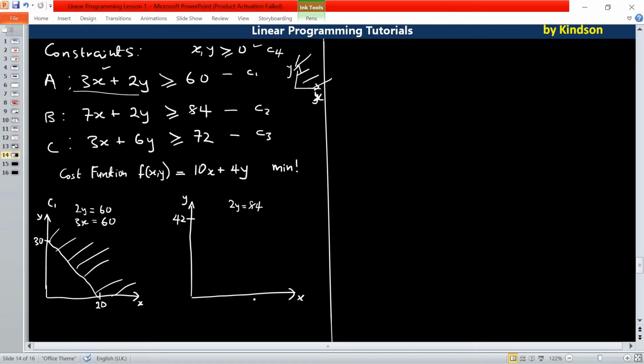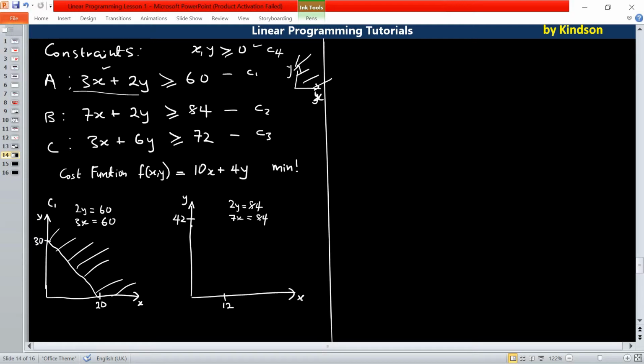To get the intercept on the x-axis, we set y to be 0, and that will give us 7x equal to 84, and that gives an x value of 12. So somewhere here, 12. If you divide 84 over 7, you get 12.